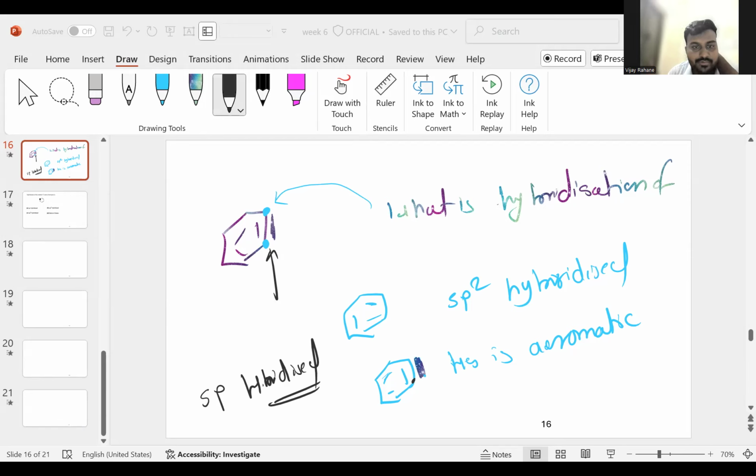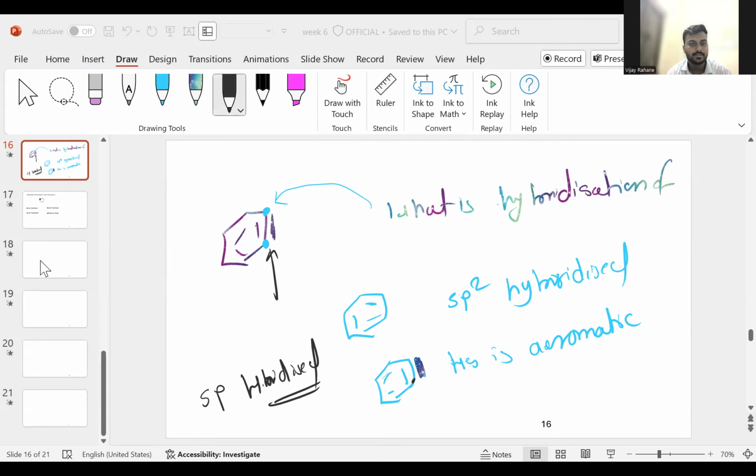Next, a similar question that we have already seen. I will take the question. The major product formed in the following reaction.